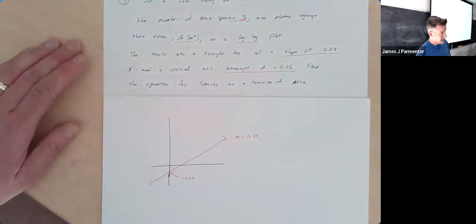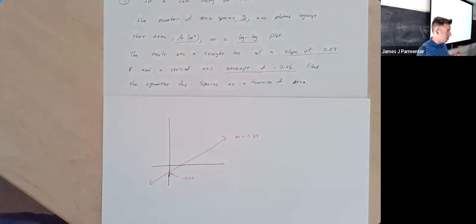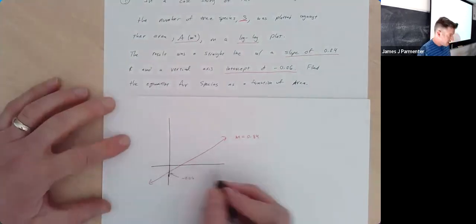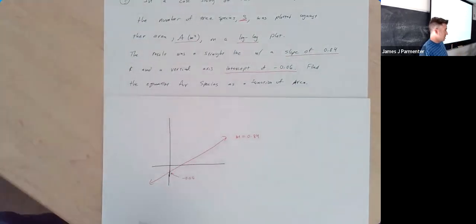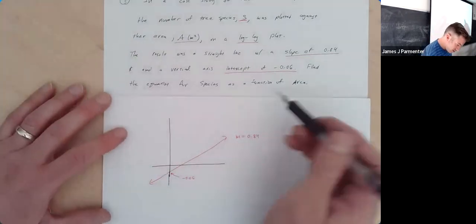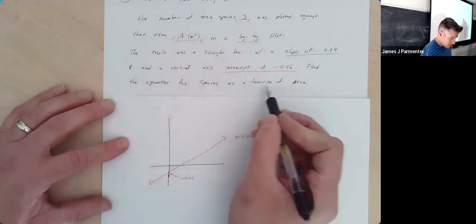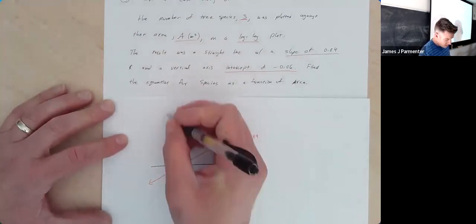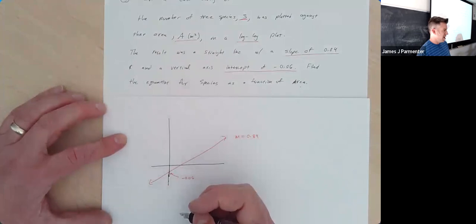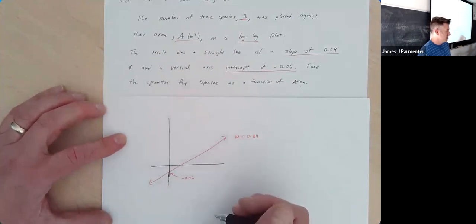Now, something else to consider here, since it's a log plot, we know that one of these axes is log of something, and the other axis is log of something. Now, which axis is which? If I want to write species as a function of area, which should be my vertical axis? Species or area? Good question.